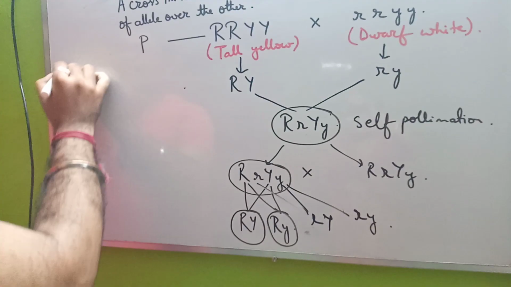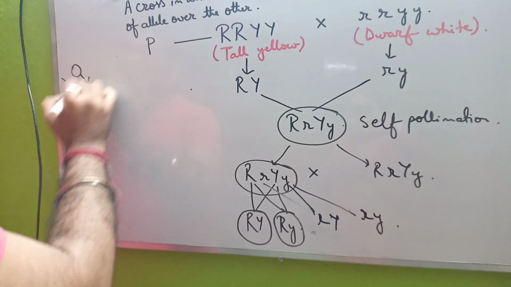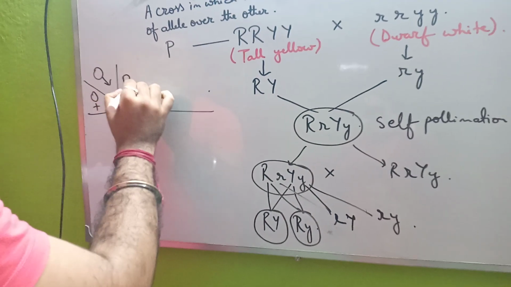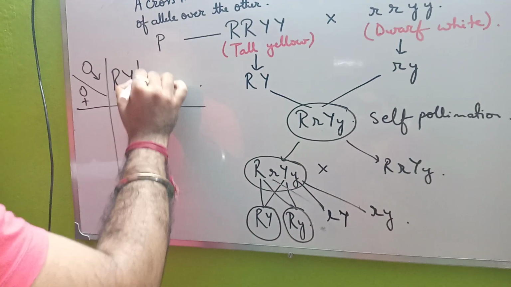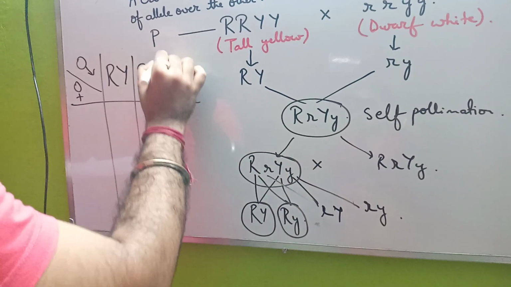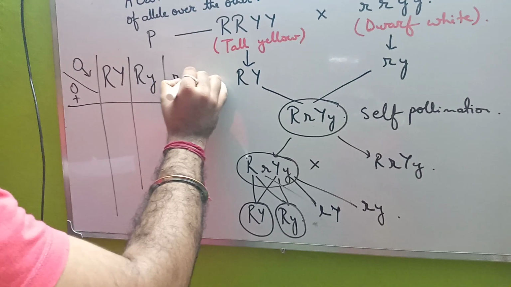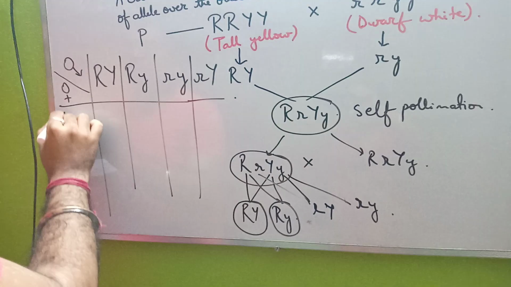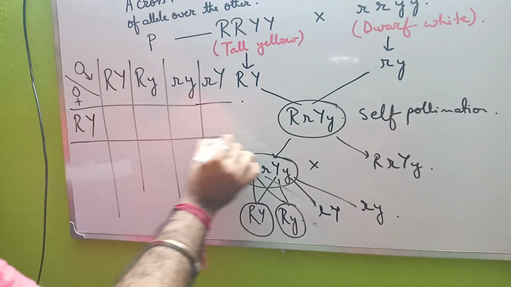Now the sequence, as we all know, this is the sequence: small r, capital Y, capital R, small y, small r, small y, small r, capital Y. This one is also the same thing.